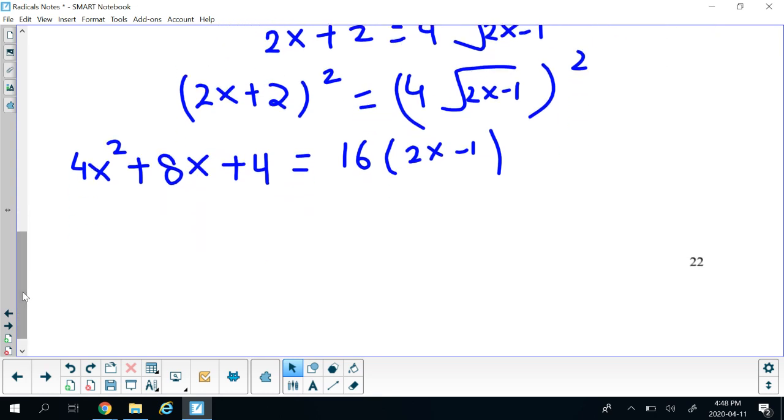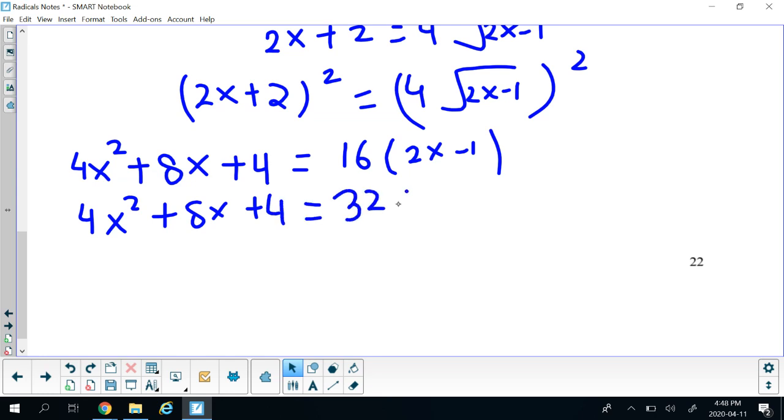So let's simplify this. Let's open the bracket first. 16 times 2 is 32x. And then 16 times negative 1 is negative 16.